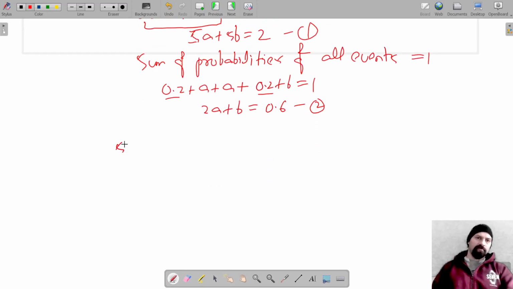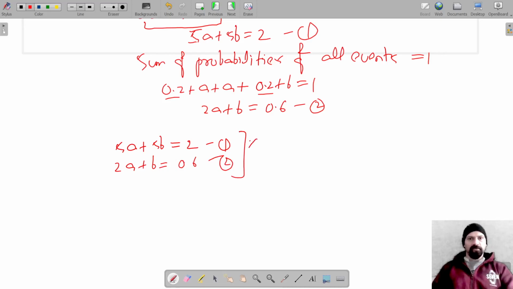So let's try to solve them. 5a plus 5b is equal to 2 is the first equation, and 2a plus b is equal to 0.6 is the second equation. For the first equation, let's multiply it with 2, and the second equation, let's multiply it with 5, which gives me 10a plus 10b is equal to 4, and 10a plus 5b is equal to 3.